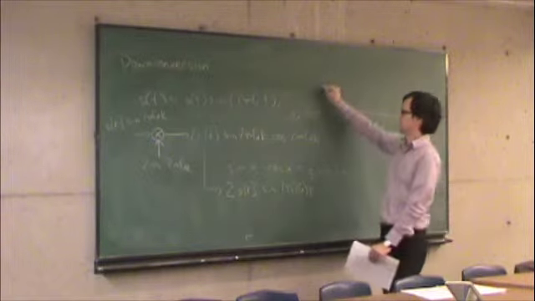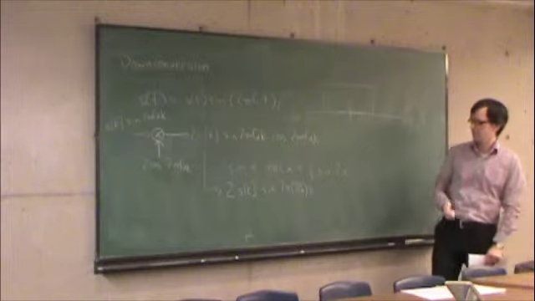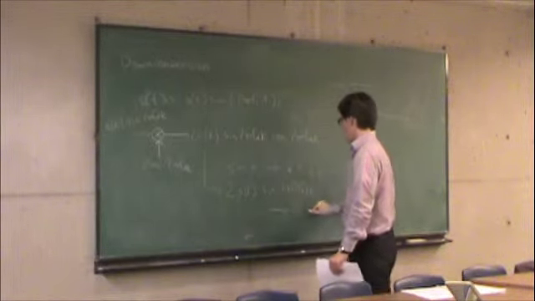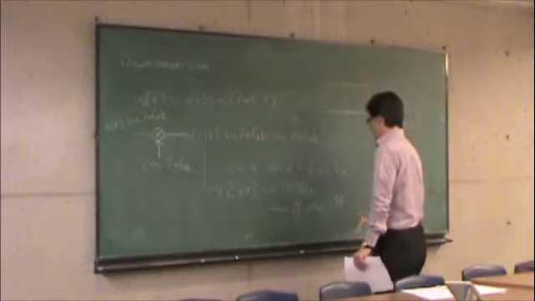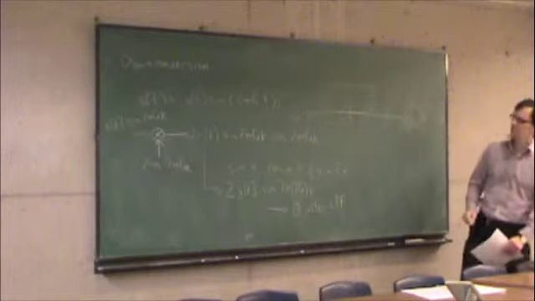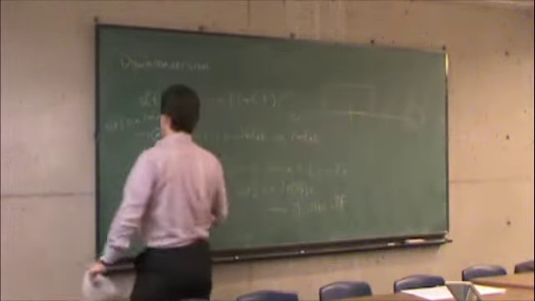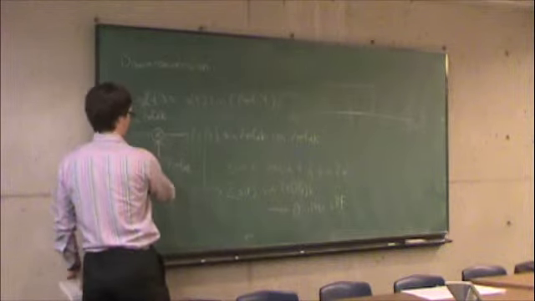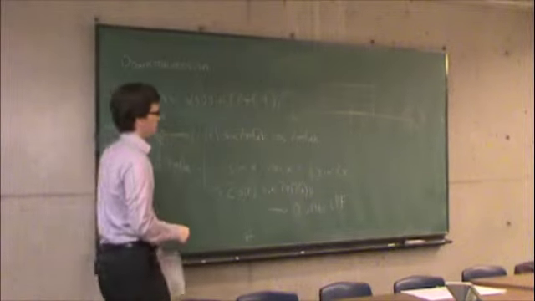So if I low pass filter, what do I end up with? Nothing. So it should be clear that if I have S of k cos and sine on the down conversion, I get the same expression here, so the same result.